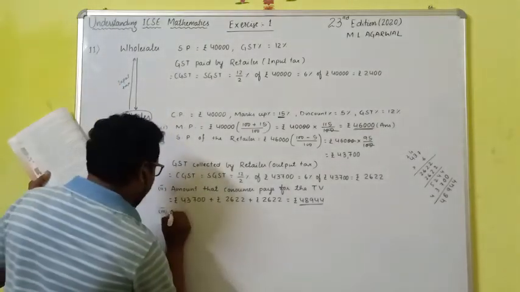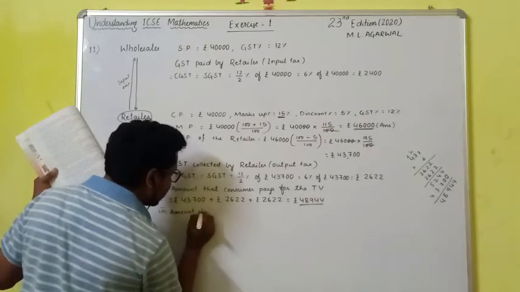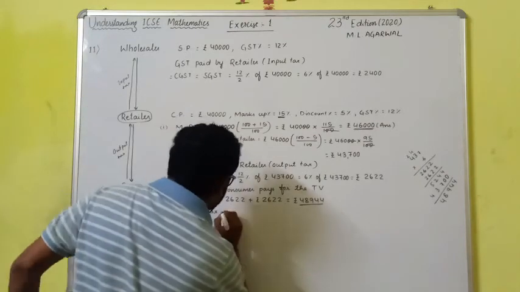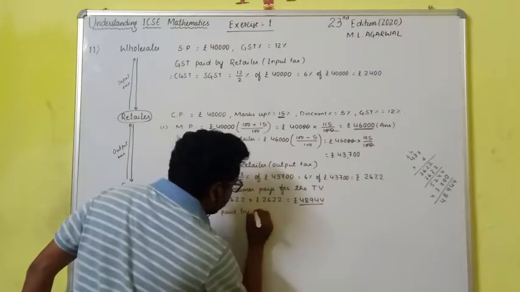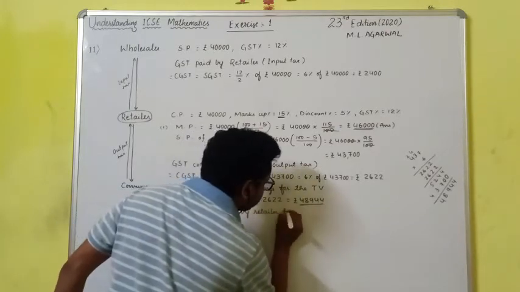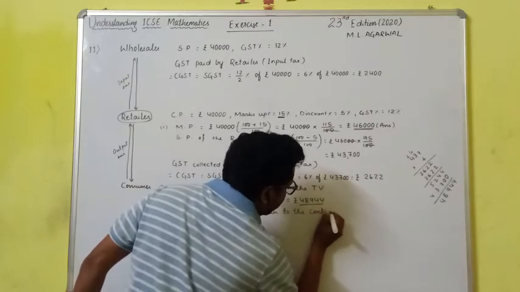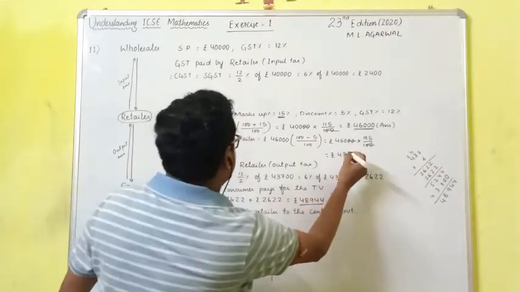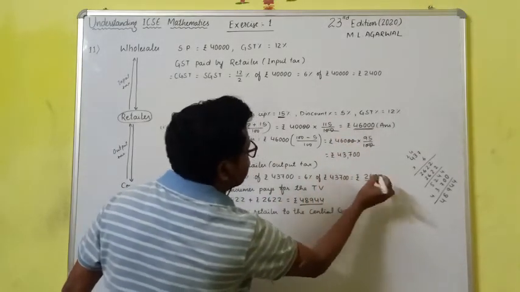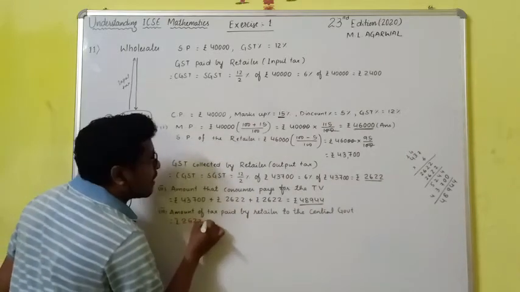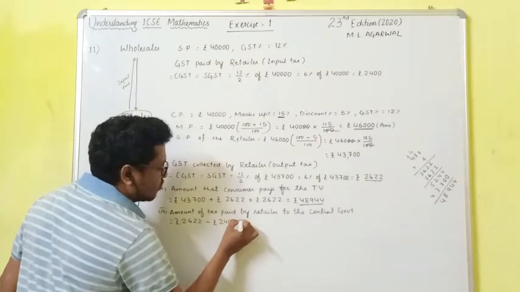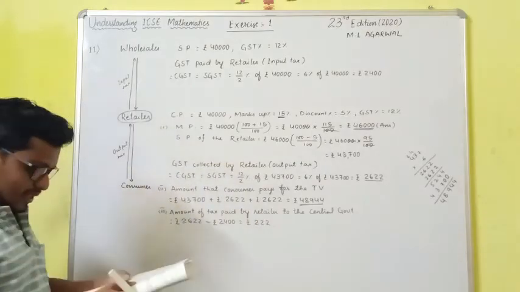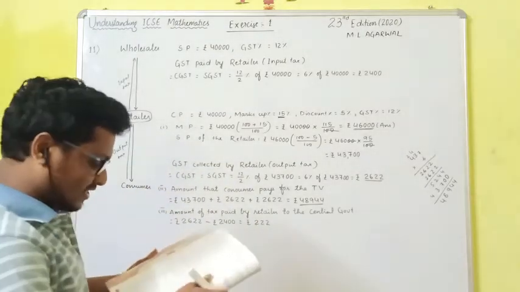So the amount of tax paid by the retailer to the central government is equal to rupees 2622 minus 2400, which will be equal to 222.